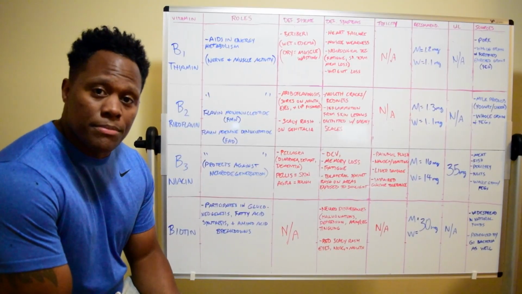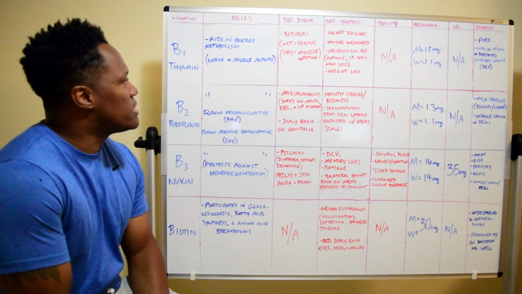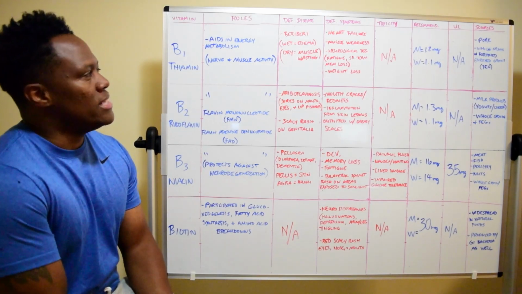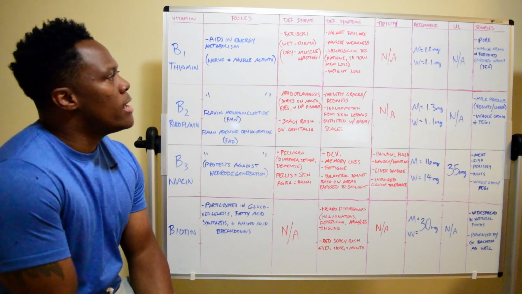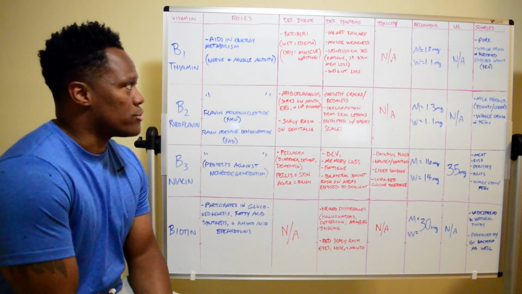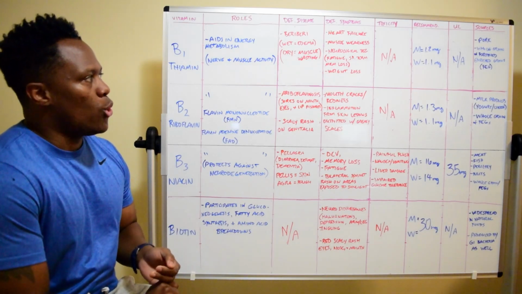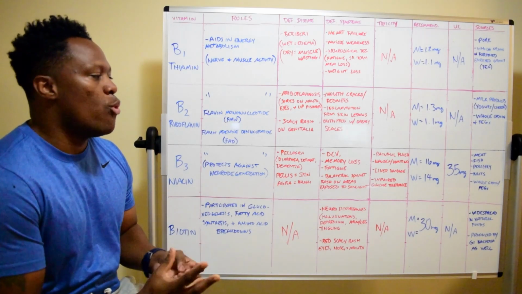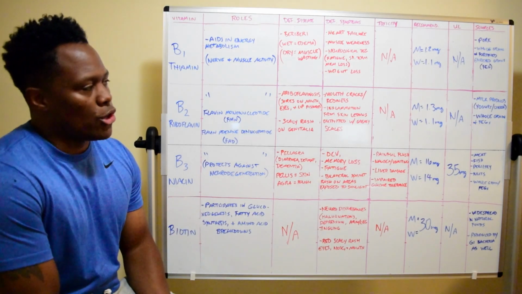Now, deficiency symptoms: heart failure is one, and muscle weakness, which I believe I mentioned already in the dry version of beriberi. There's also some neurological degeneration that may come with it, so you could be looking at fatigue, poor short-term memory, and even weight loss as a result.